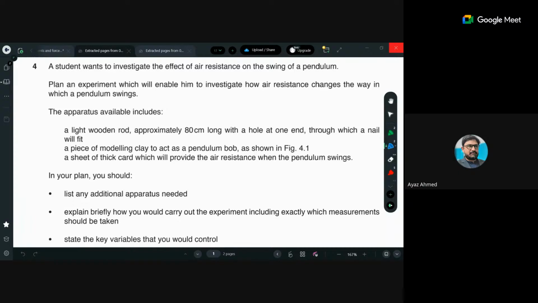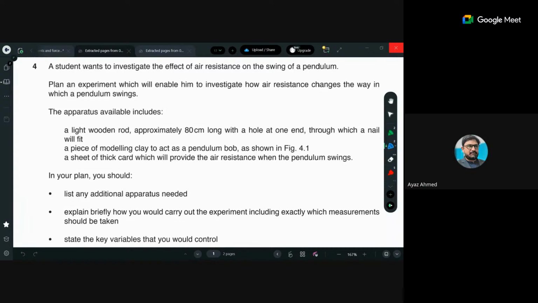It's easy in the sense that we can observe this in our daily life frequently: if there is more resistance, then the oscillation would be reduced, or the swing would be reduced, or it would be stopped quickly, etc. Right?